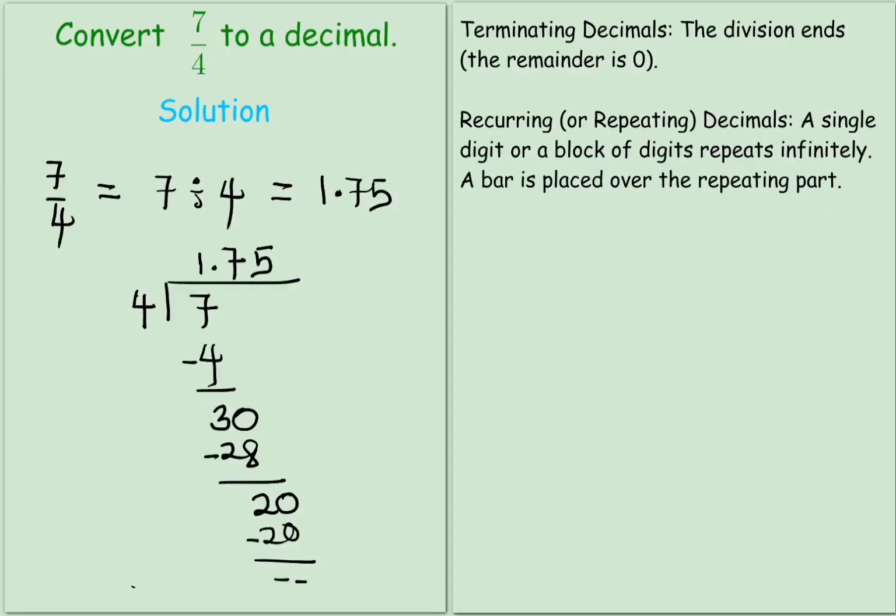So the terminating decimal ends. Whenever you are doing your division, the division ends at a point, such as all that we've done in these examples. You see that it has actually ended. There is no other number for us to proceed with. Hence, we say those decimals terminate, terminating decimals.